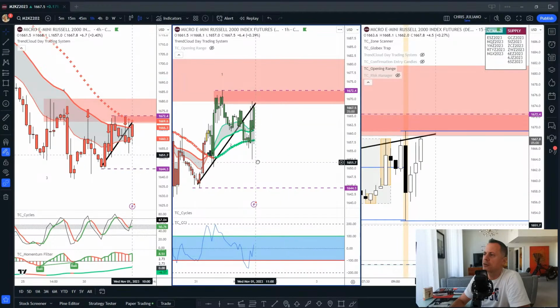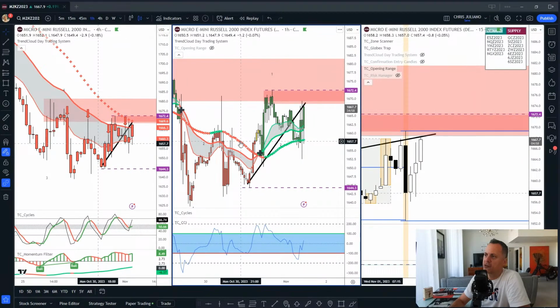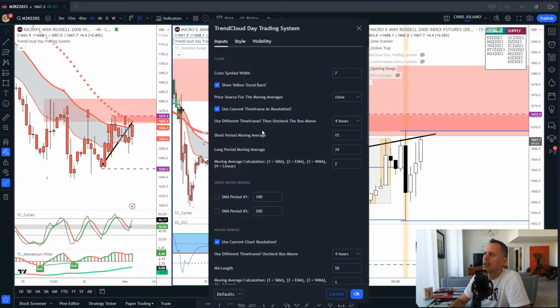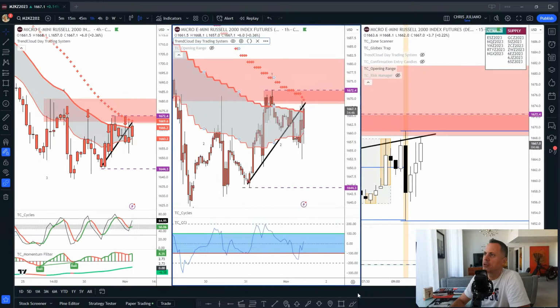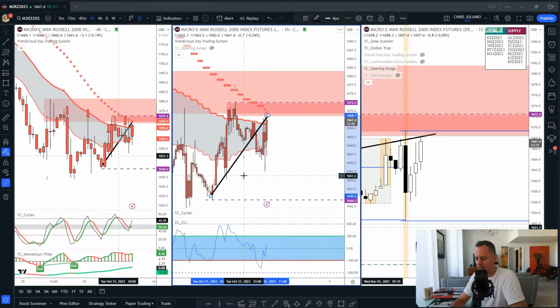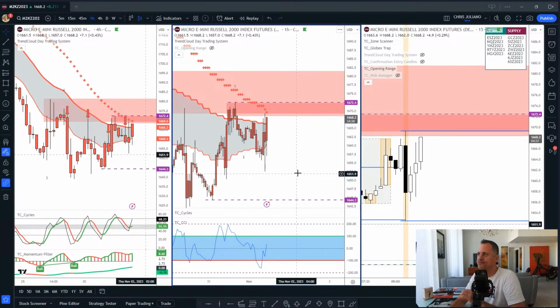So if you double click on your middle time frame trend cloud, guys, and you uncheck this 4 hour chart, now you can put your 4 hour trend cloud on that 1 hour chart and start watching it.